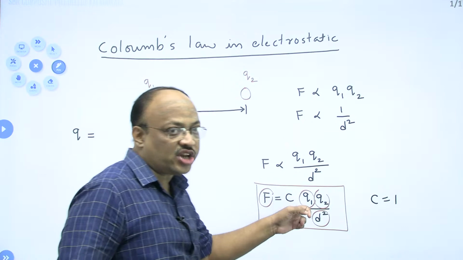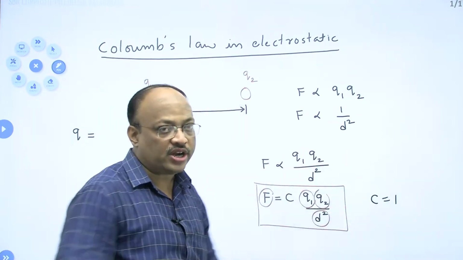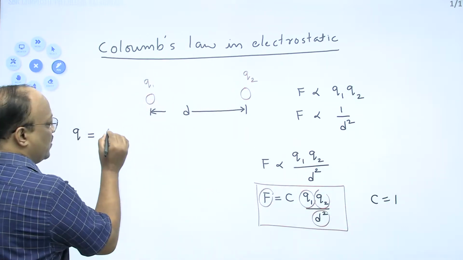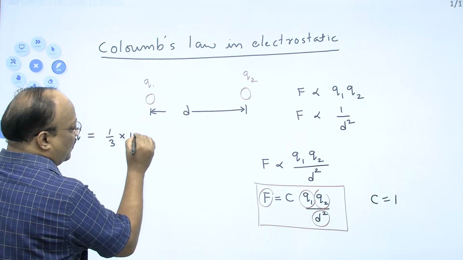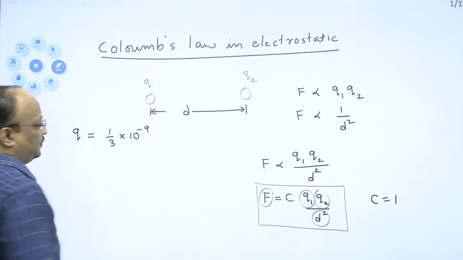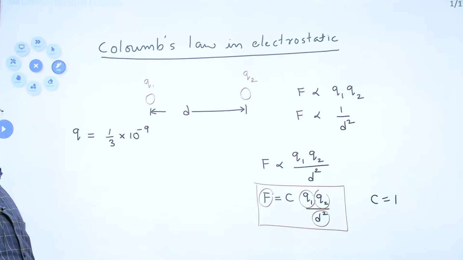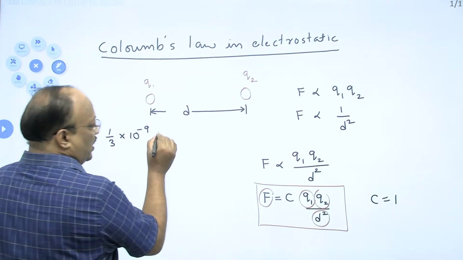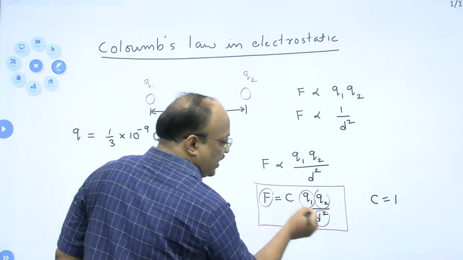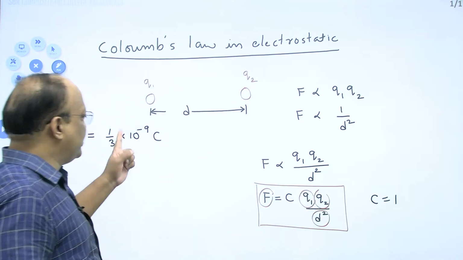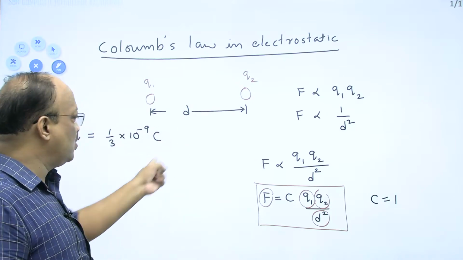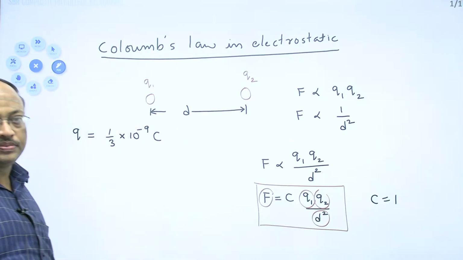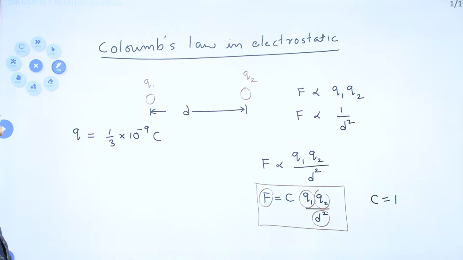Here it is in stat coulomb, which I have to convert into coulomb, so this will be 1 by 3 into 10 to the power of minus 9 coulomb.